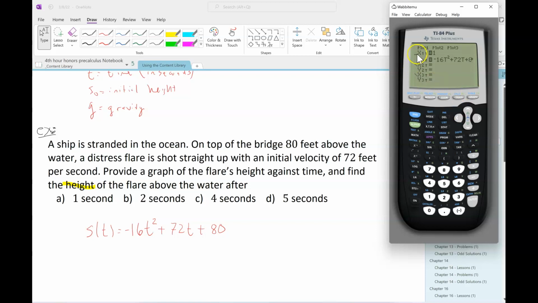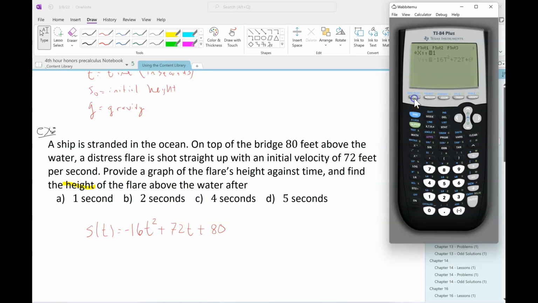But if I go over here, see this little option next to it, and I press enter a couple of times, I get this one with the little circle. If I hit graph now, this is actually what the flare is doing moving in real time. Was that pretty neat or what? Hit graph again. That should do it again.